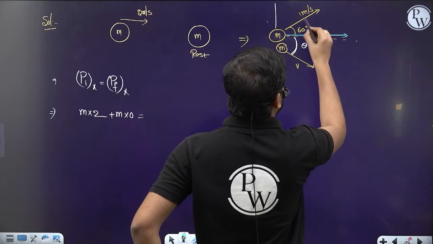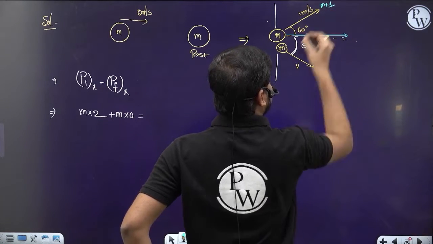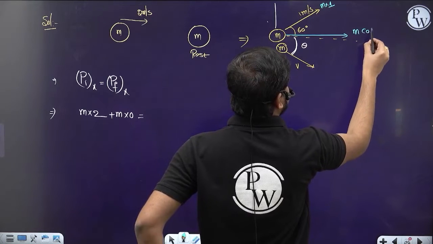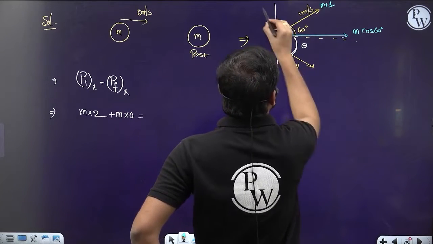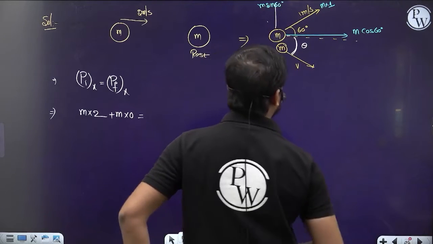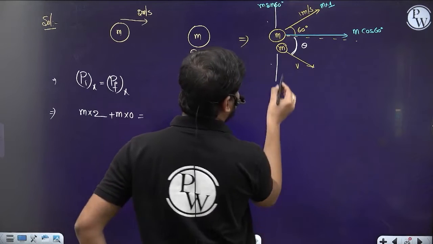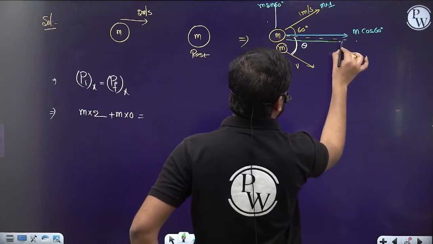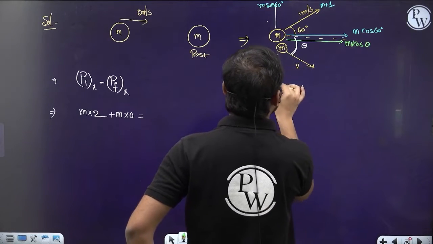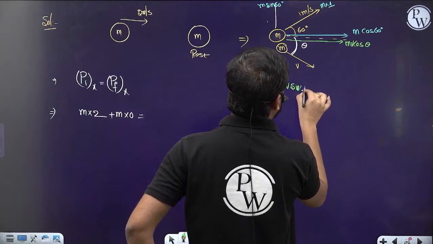This will have two components. Here the momentum, mass into velocity, is m into 1, which is m. So I can write m cos 60 degrees this side and m sin 60 degrees this side. Then the second one is moving with a velocity of v, so its component mv cos theta comes this side and mv sin theta comes this side.